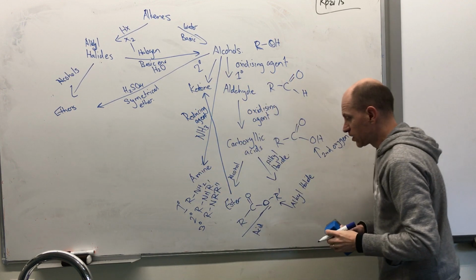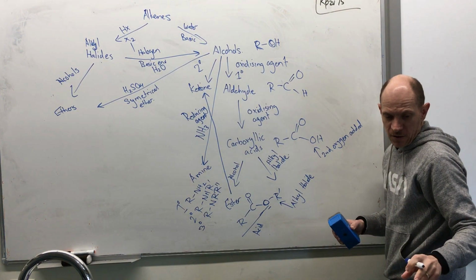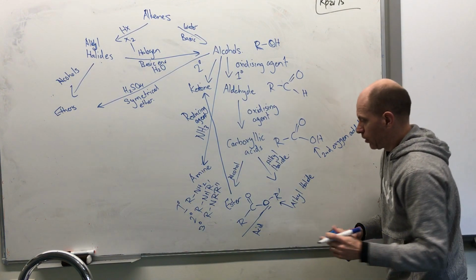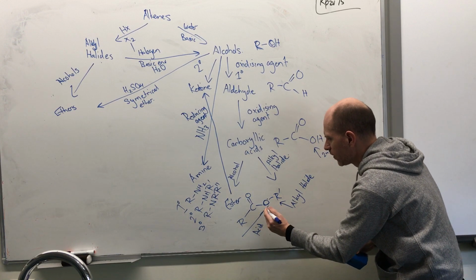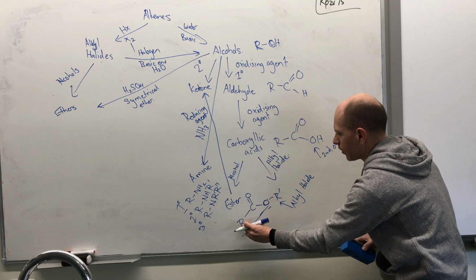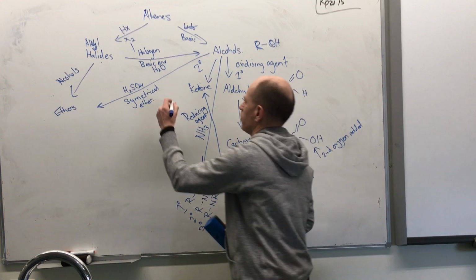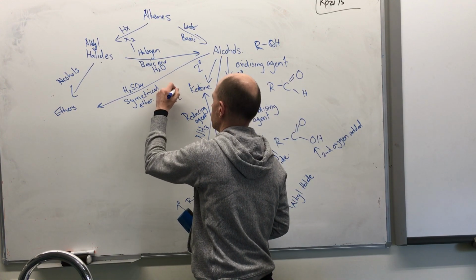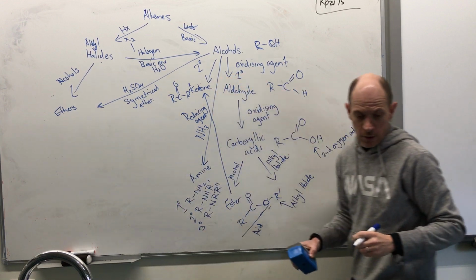So that oxygen is removed, the R group links to that carbon, and you end up with R, C double bond O, R prime.